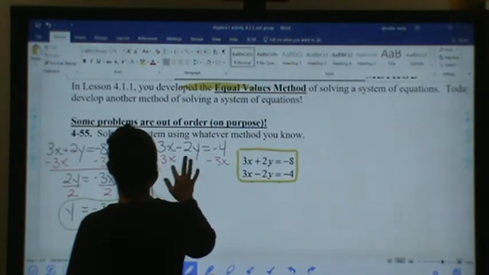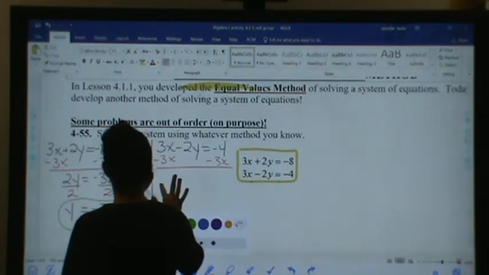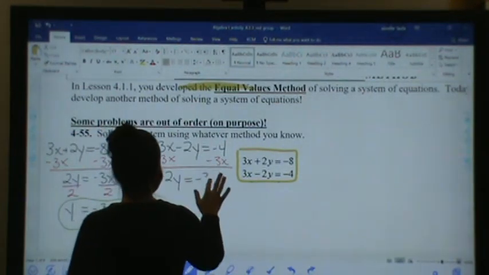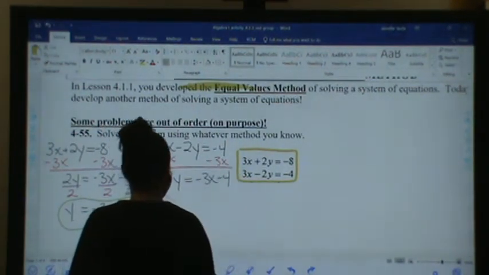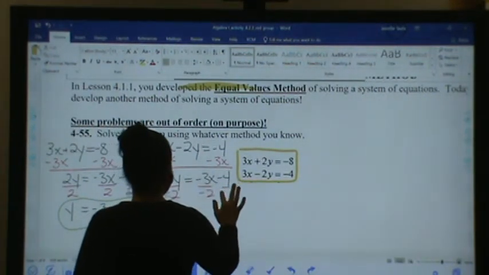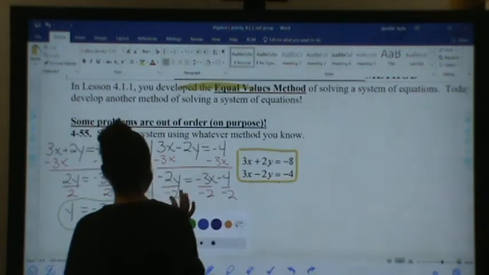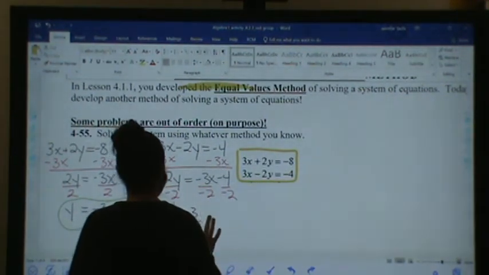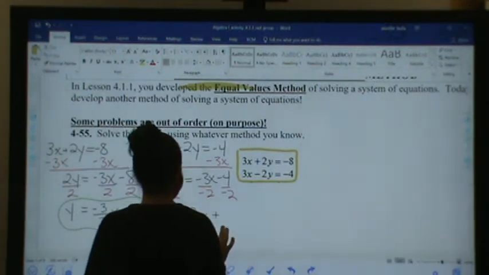Move your 3x's over, and we'll see what happens. It's almost the same. You just have to watch your positives and negatives.